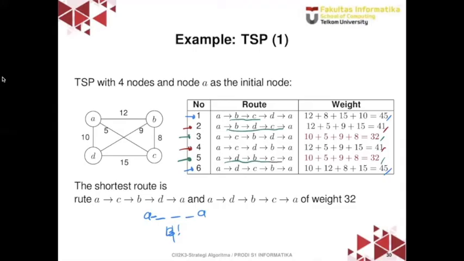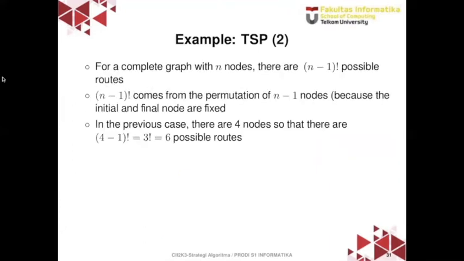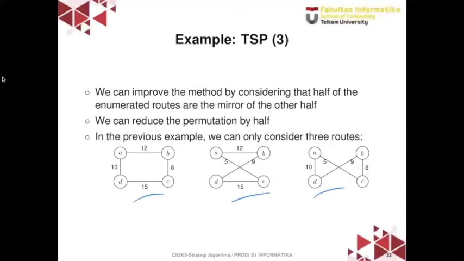Because in the other three, C is visited before B, so we just need to consider these three so that we can also know the total weight of the mirror route of them. Okay, go back to this slide.